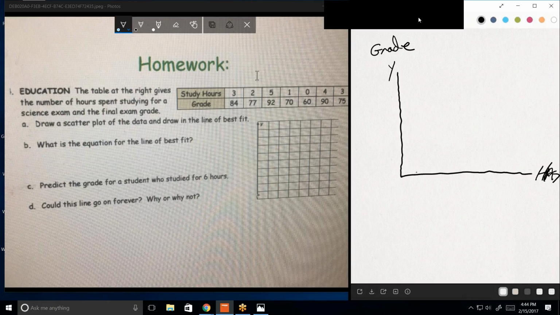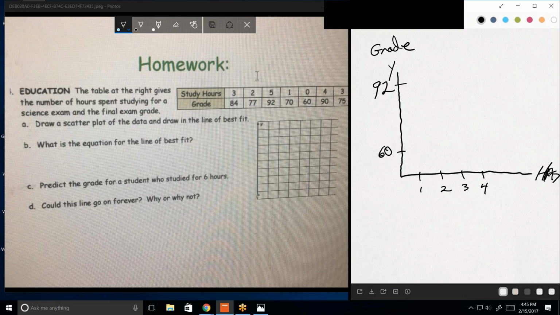Let's see, I've got to go up to 4, so that'll be 1, that'll be 2, that'll be 3, and that'll be 4. My grades go from 60 on the low end, I'll call that 60, to 92 on the high end. A little break down there, you see?